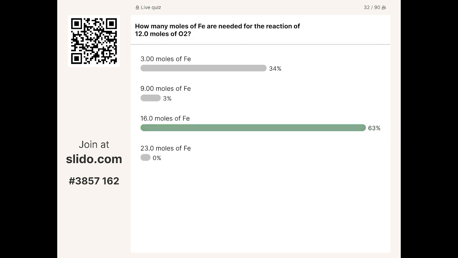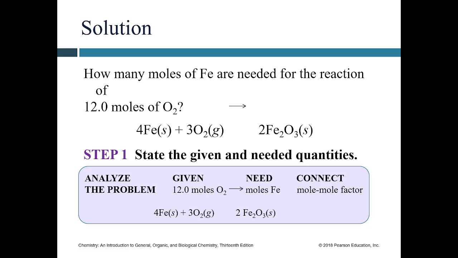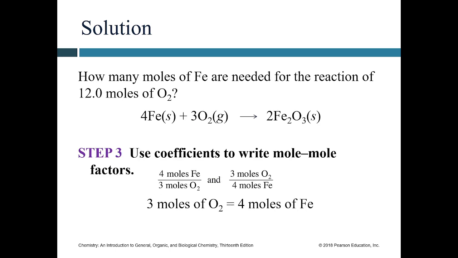And again, if we go back to the equation, we have how many moles of iron are needed for the reaction of 12 moles of oxygen. What we're going to do here is put up a ratio of oxygen to iron. If we create that ratio, it is going to be 4 to 3, right? 4 moles of iron per 3 moles of oxygen.